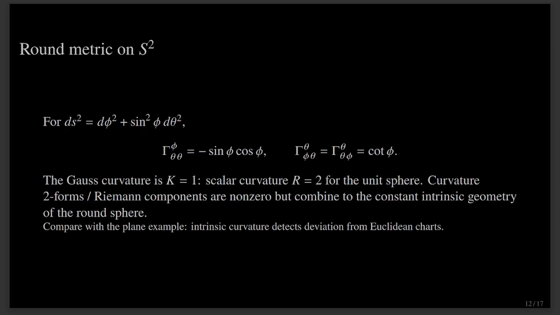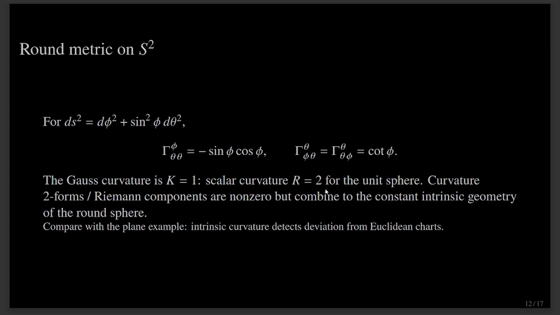Okay, now a round metric. So say we have a round metric on the 2-sphere, then we can have some key derivations or key symbols, which is the negative of sine times cosine and cotangent. And what that allows us to do is then encode Gauss curvature, or the scalar curvature would be 2 for the unit sphere.